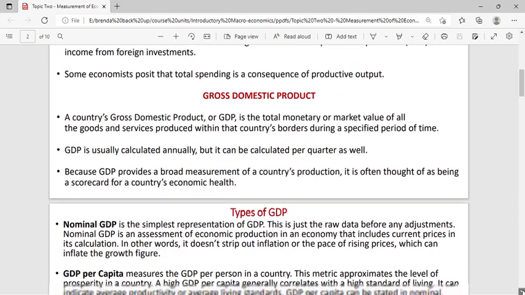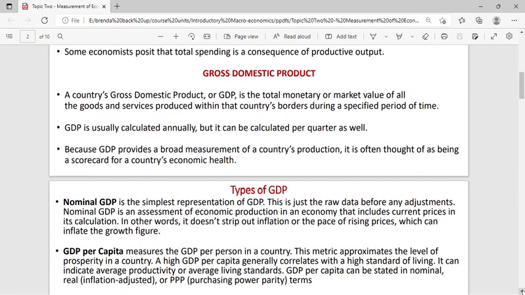We are going to first look at the most commonly used, which is the gross domestic product, which is the total monetary or market value of all goods and services produced within a country's borders within a specified period of time.